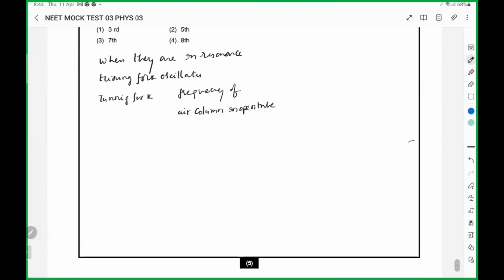In fundamental mode, in an open tube, an antinode is formed at each end. So it is lambda by 4, lambda by 4. Length of the tube is equal to lambda by 2. So V is n lambda, and n here is V by 2L.